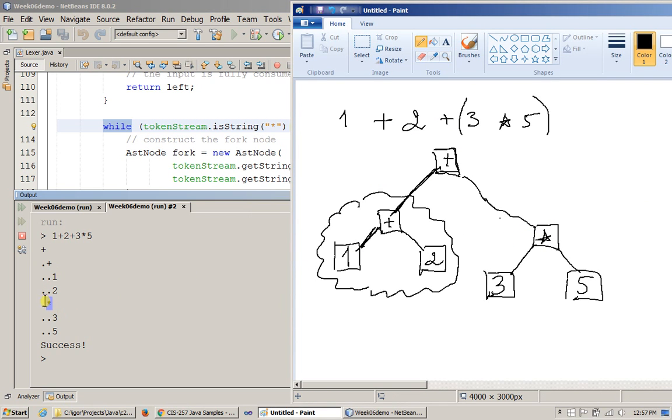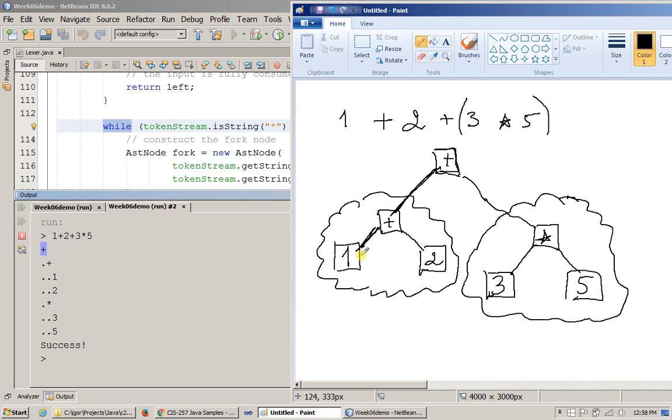And this is clearly the right-hand side of this top-level plus, right? So this top-level plus over here has the multiplication node, and the multiplication node naturally has 3 and 5. The only difference is that this part of the tree was constructed by the term rule, so that was done by a separate grammar rule, and that's the outcome of it.